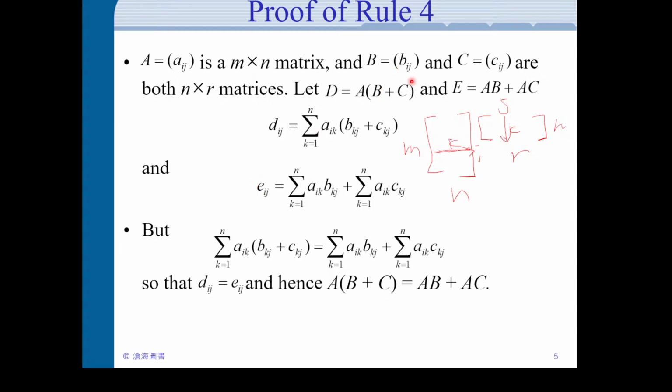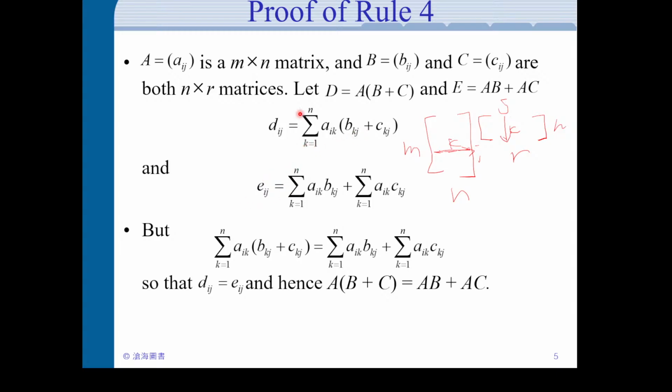First, the kj element of B plus C is Bkj plus Ckj. Then the ij element of D is the sum over k of the ik element of A multiplied with the kj element of B plus C. Similarly, the ij element of E is the ij element of AB plus the ij element of AC, so we have a sum over k of Aik times Bkj, plus a sum over k of Aik times Ckj.